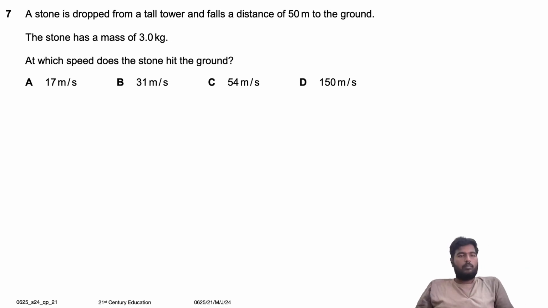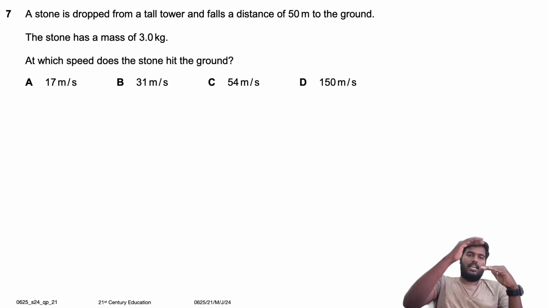A stone is dropped from a tall tower and falls a distance of 50 meters to the ground. The stone has mass of 3 kg. At which speed does the stone hit the ground? If you are dealing with this question in AS or A level, then we can use equations of motion. Now we can just use the concept of energy. The stone at this height will have potential energy.